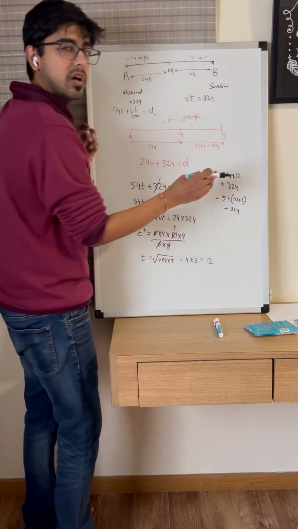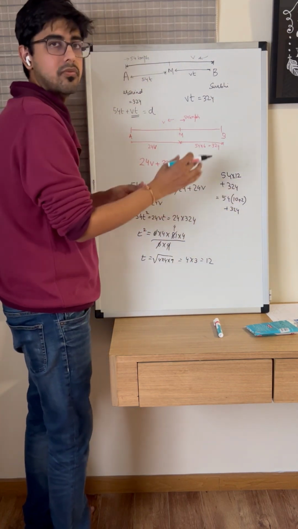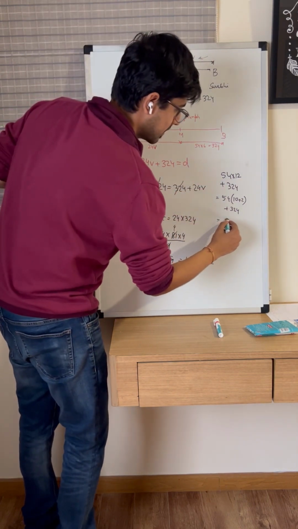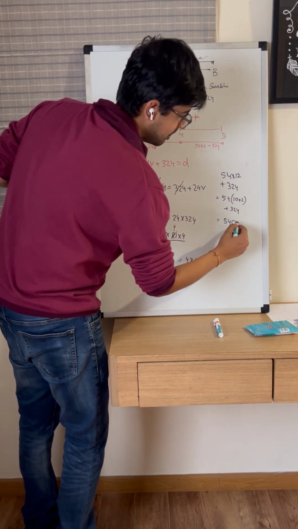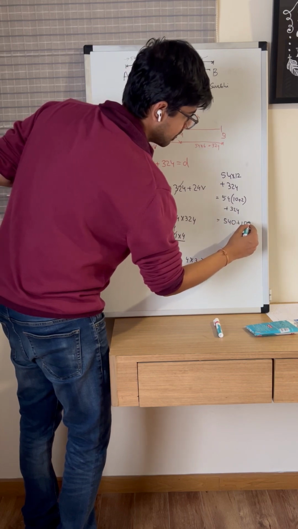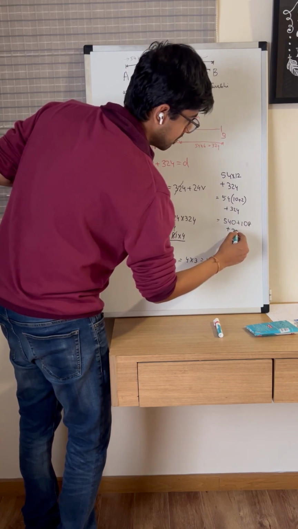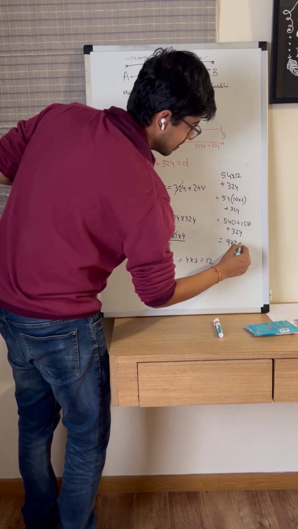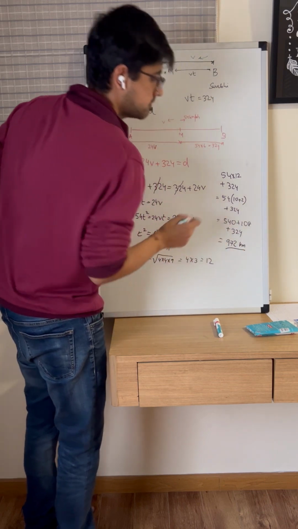I'm just writing 12 as 10 plus 2, and instead of doing calculation by columnar method, I am doing basic addition, which I am more comfortable with rather than multiplication, and the final answer is 972 kilometers.